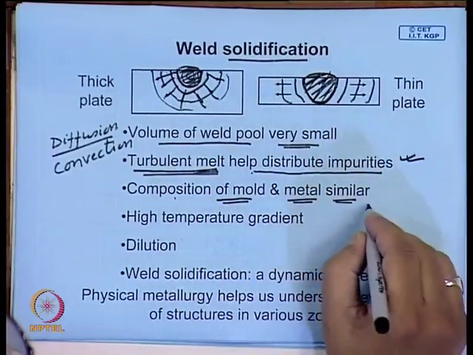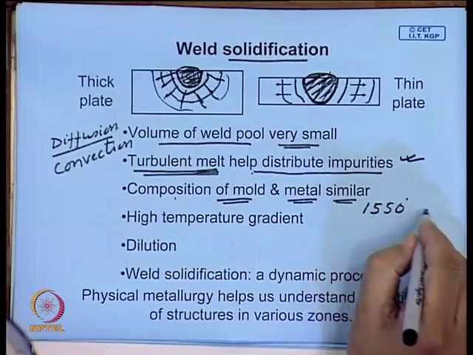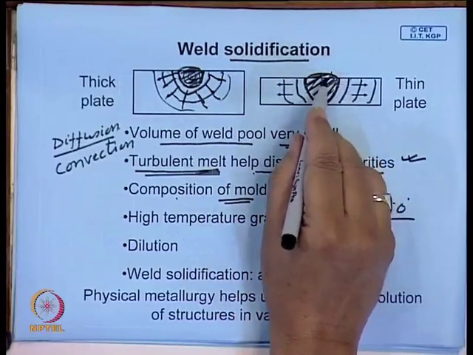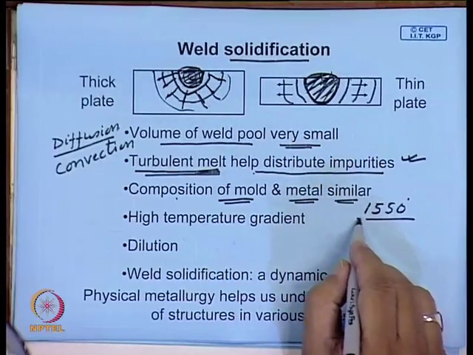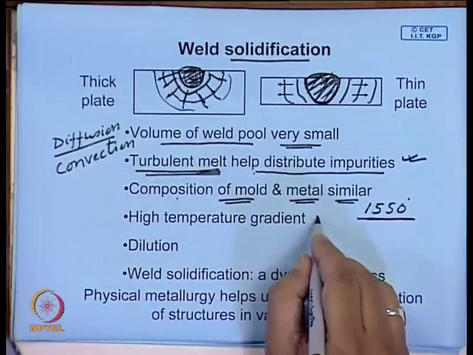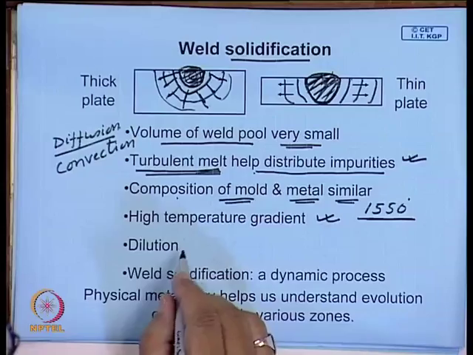So, the molten temperature is 1500 or 1550 degree centigrade down to room temperature. So, you can imagine within a short distance such a high gradient existing. So, this also affects the structure that you get in the solidified metal.